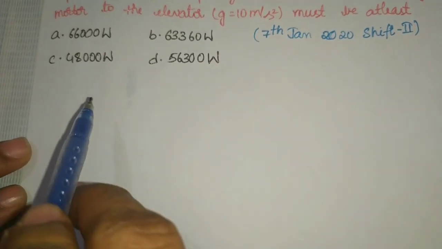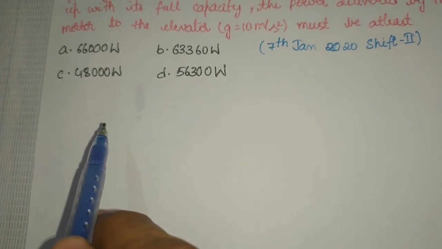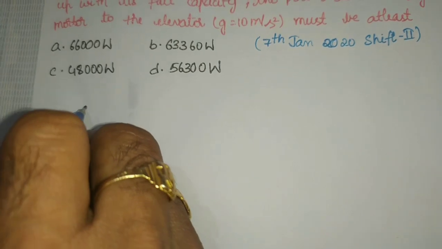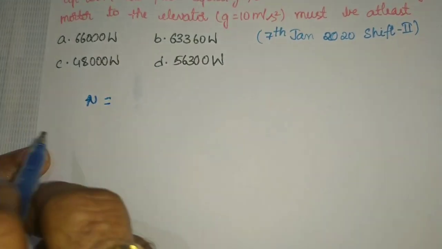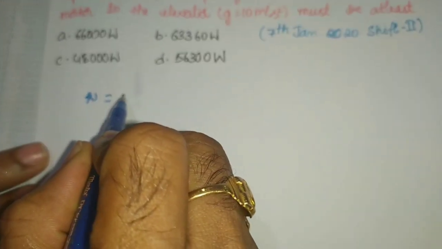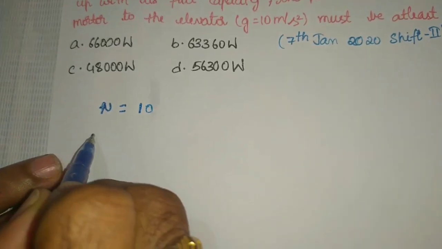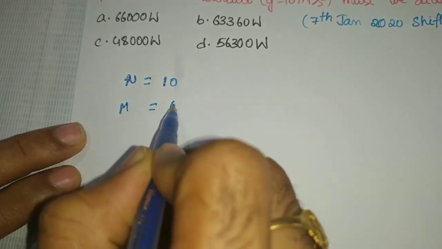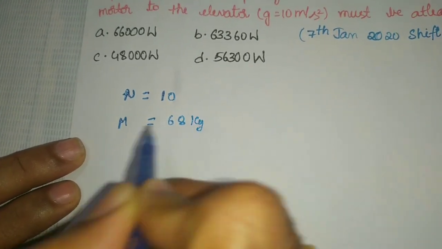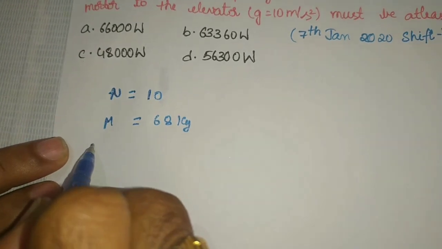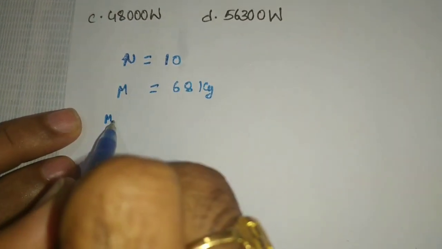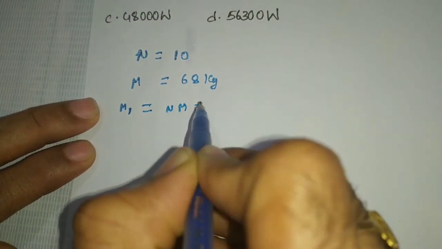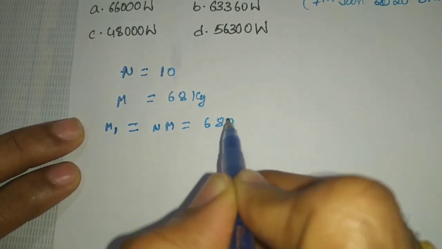This problem is exactly similar to the previous problem of this work, power, energy chapter. Here the number of persons carried in the elevator is 10. Mass of each person, m, is equal to 68 kg. Therefore the mass of all the persons is Nm, that is equal to 680 kg.